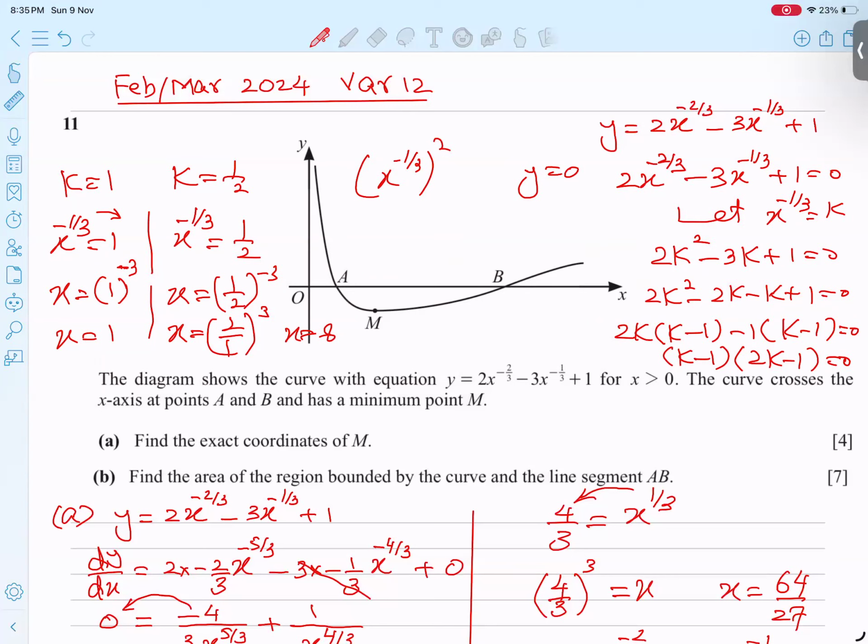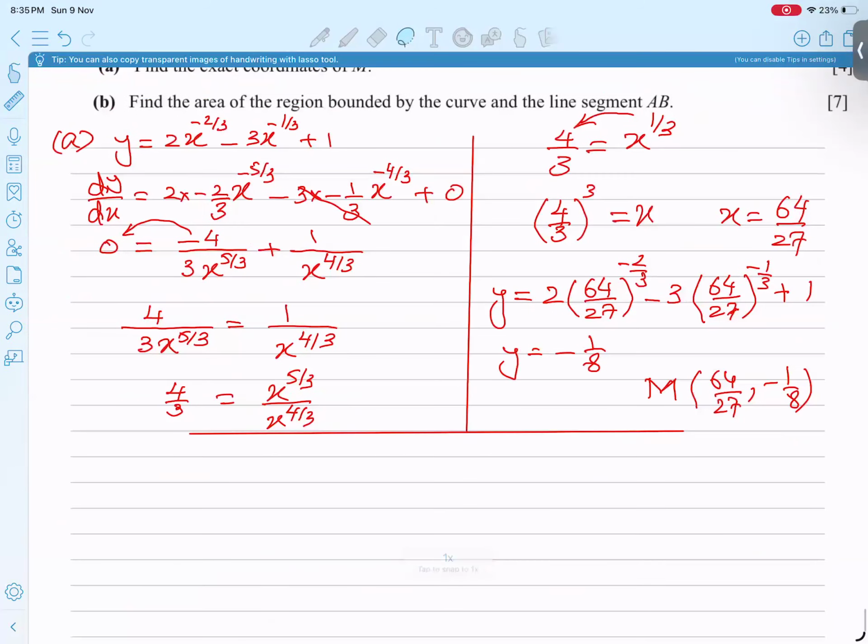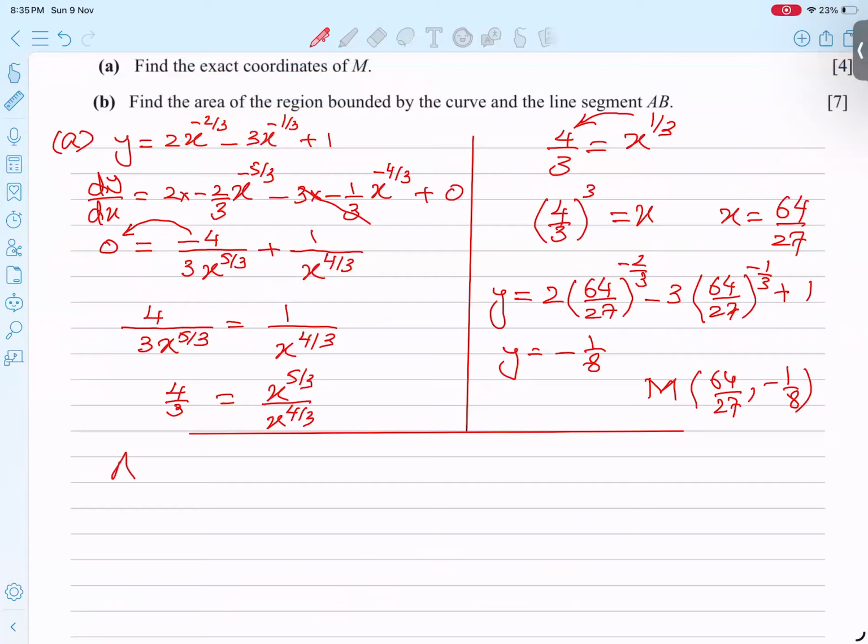So 1 to 8. Lower limit 1 means x coordinate x is equal to 1 and the other x coordinate is 8. What is the basic formula of area? Area is the integral from lower limit x1 to x2 of y dx.